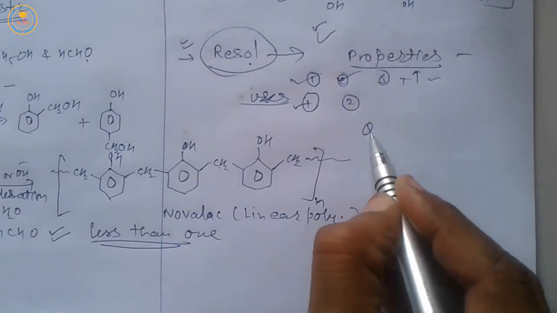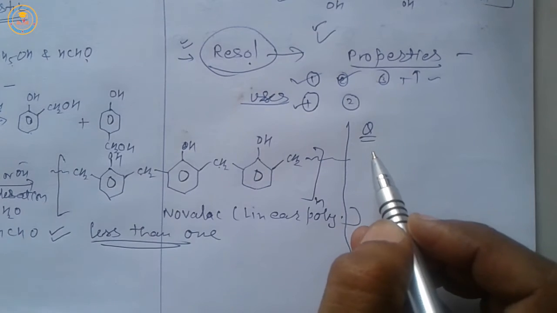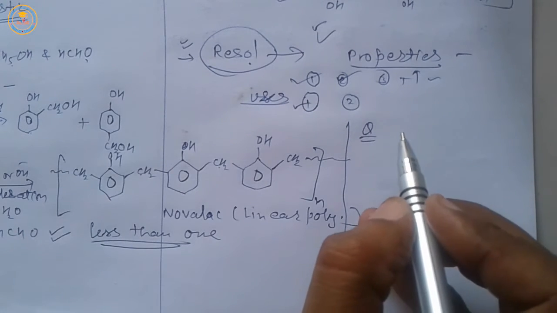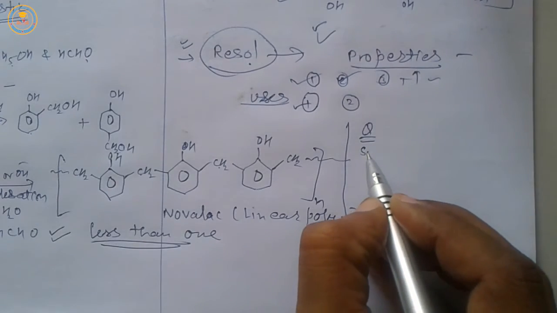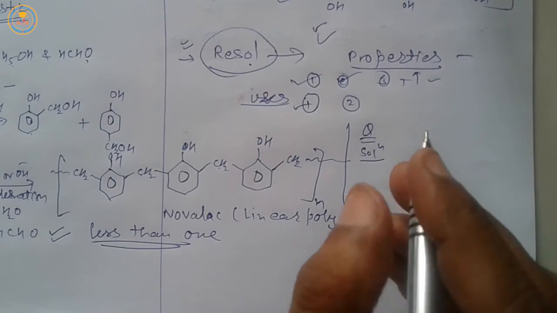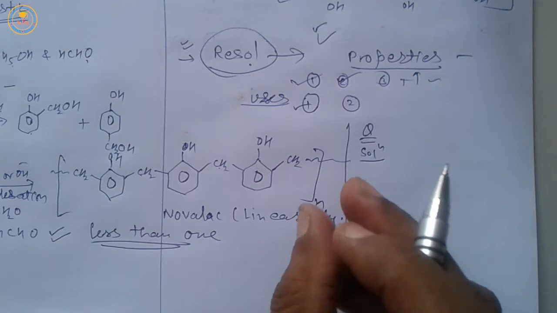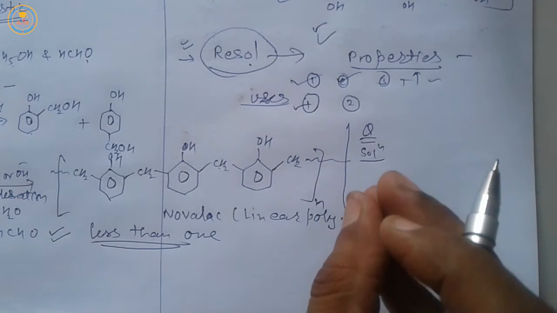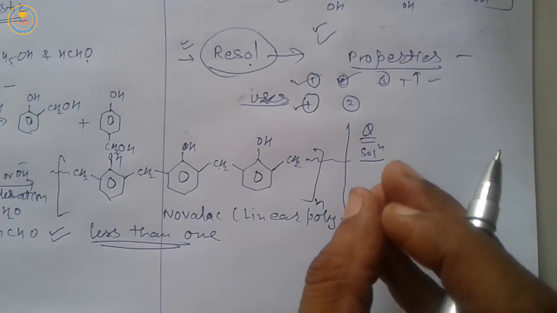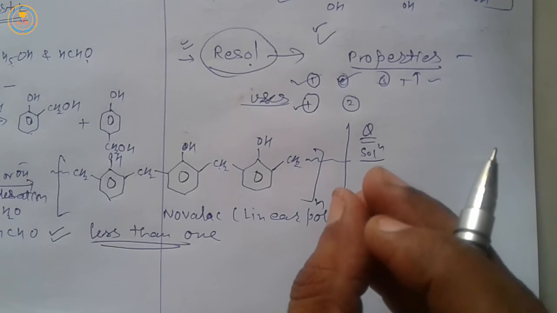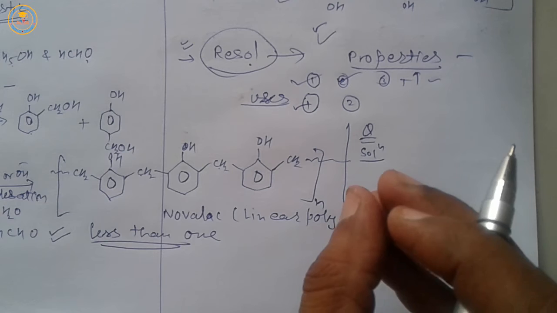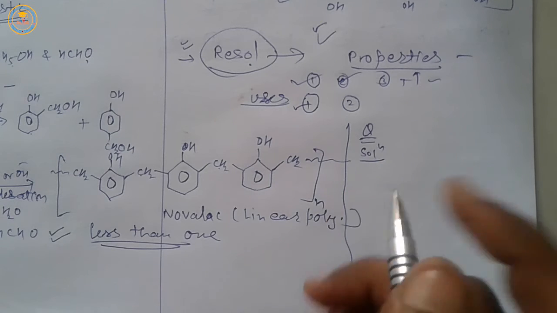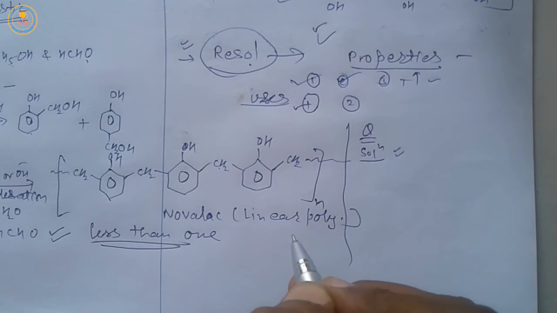Now we take a question for exercise. What are cross-linked polymers? Give an example of this type. Solution: the polymer in which the linear chains are cross-linked to form a three-dimensional network structure is called a cross-linked polymer. The common example of this type of polymer is bakelite.